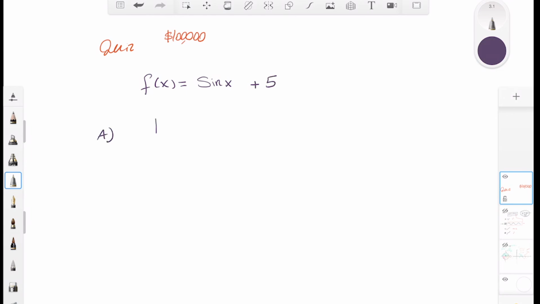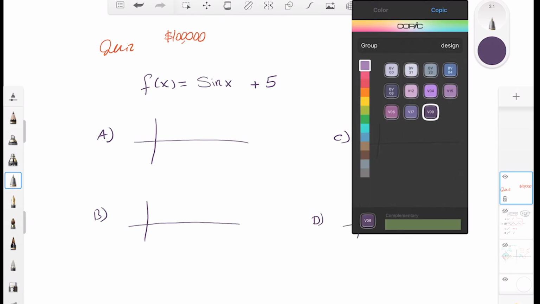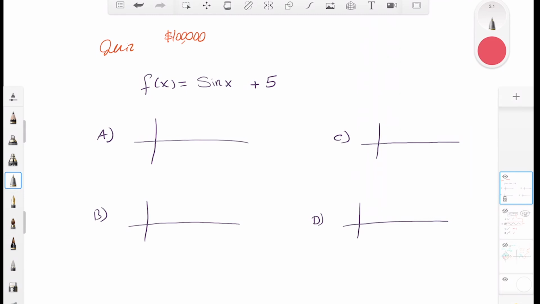The graphs are A, B, C, and D. A is like this, B is like that, C is like this, and D is like that. All right. Now which one is the graph of f of x?